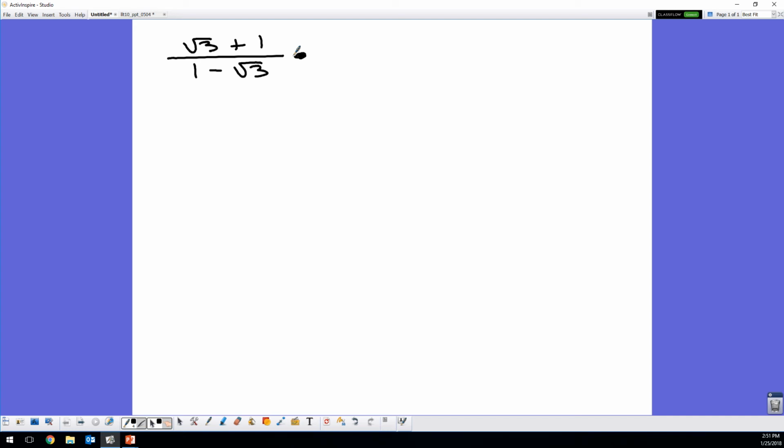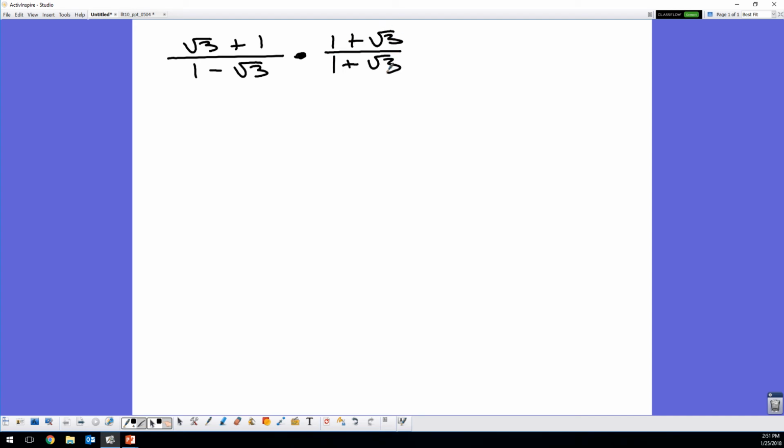So the conjugate of this. Now, for someone that was actually paying attention the other day, what would the conjugate of this be? Starts with 1. 1 what? Plus, very good. Rad 3. 1 plus radical 3.